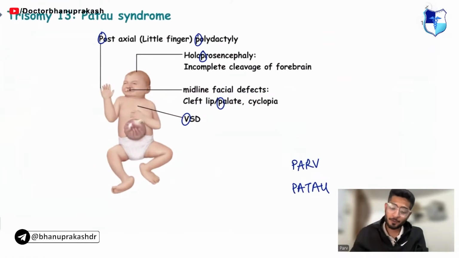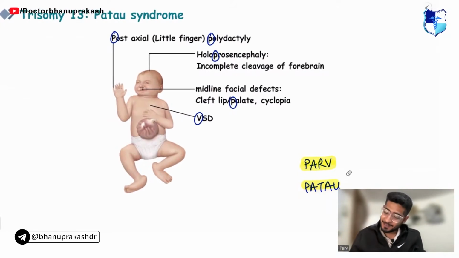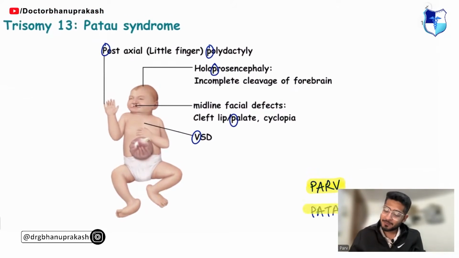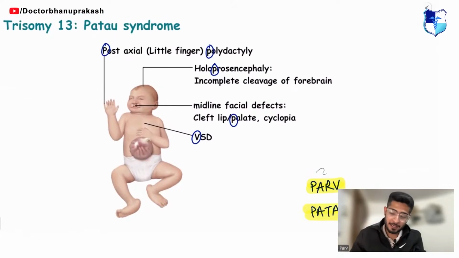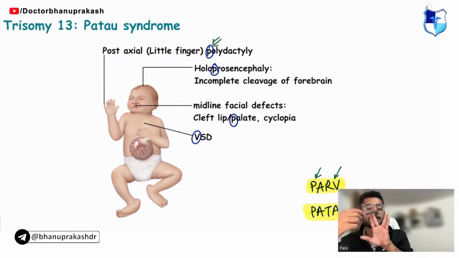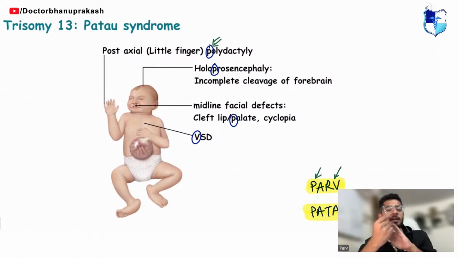Whom will you woo? (Kisko pataoge?) This is the mnemonic as of now. Whenever it comes to Patau syndrome, you have to remember my name. This is P and V. P for polydactyly, post-axial polydactyly. Post-axial means after the axis, so in the little finger you will have an additional finger.